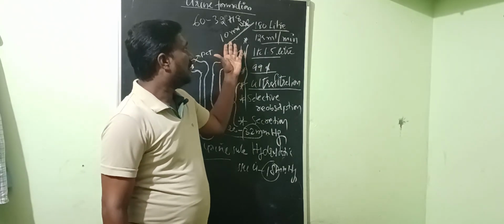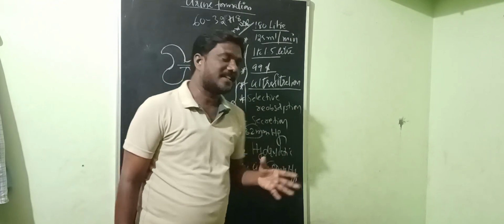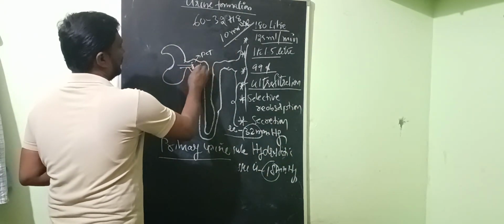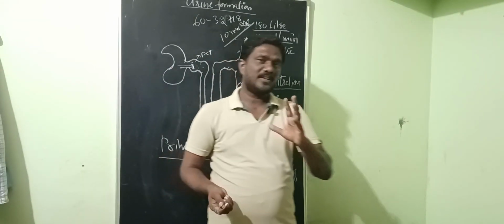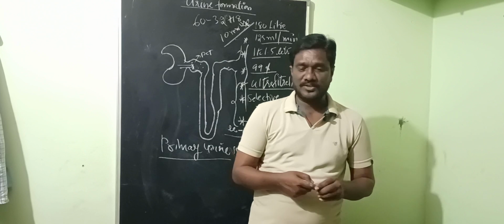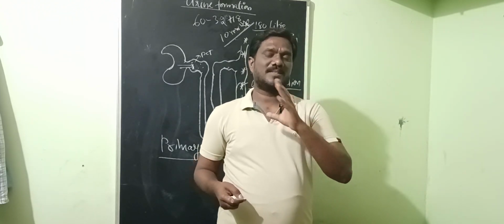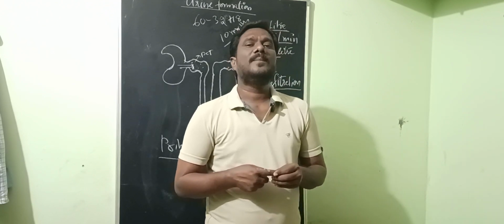Because of this, the filtrate passes through the three layers and reaches the PCT area. This filtrate is called primary urine. The constituents of primary urine are the same as plasma except proteins and blood cells.